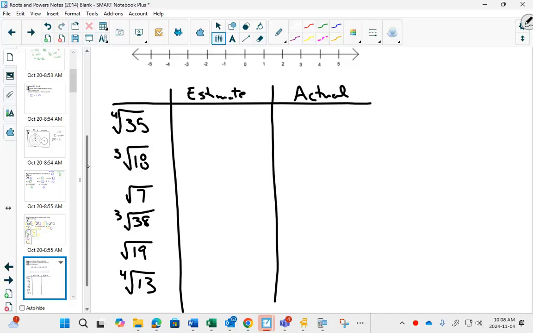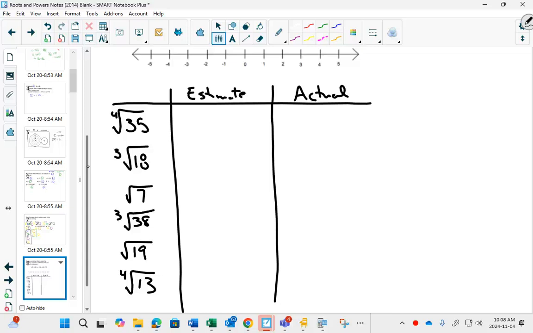Let's start with the square roots, because I think they're the easiest ones to estimate. You know certain perfect squares already. Like you know the square root of 9 is 3. Square root of 4 is 2.